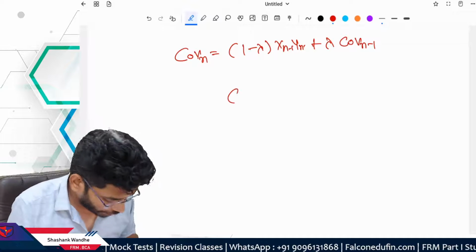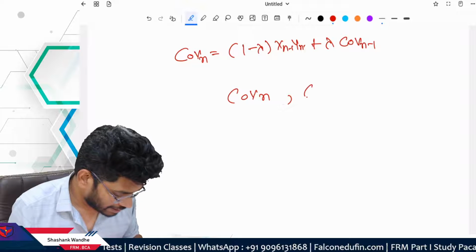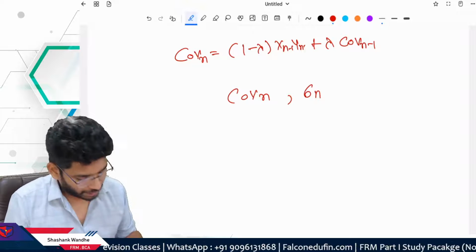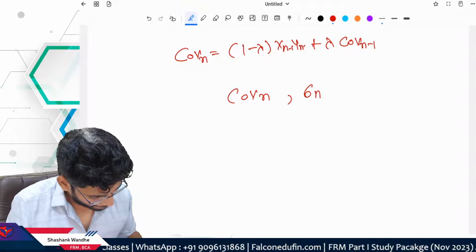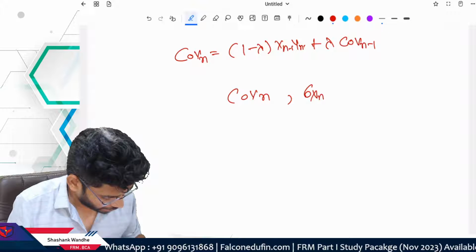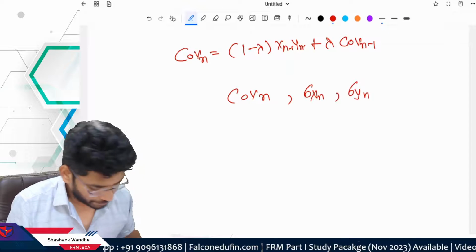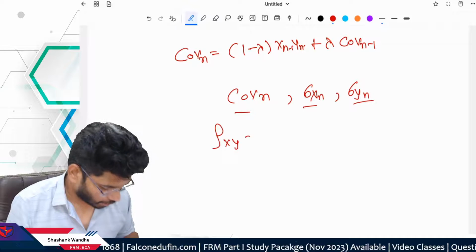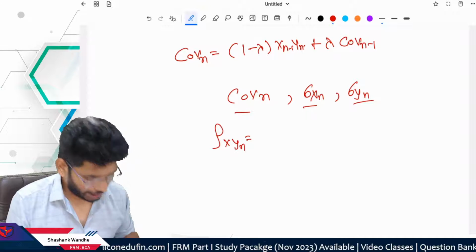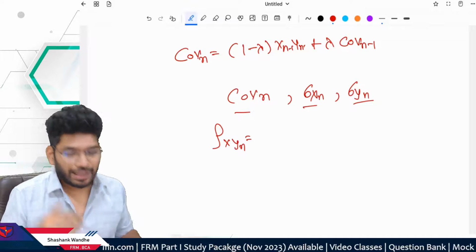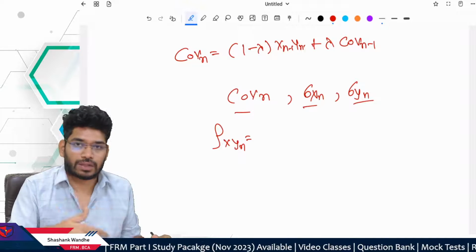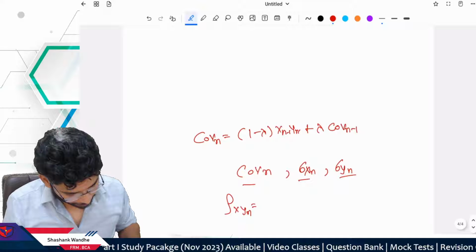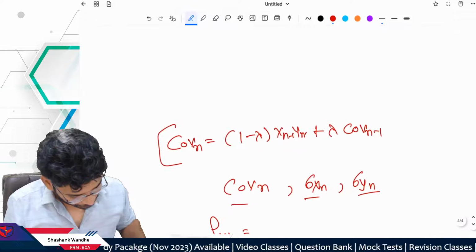Now, when you get the covariance of n, along with sigma xn and sigma yn, my question is, can you calculate the correlation between x and y for the time period n? So today's correlation, yes, we can. And if you calculate today's, then you can calculate tomorrow's, right? So this much is important here.